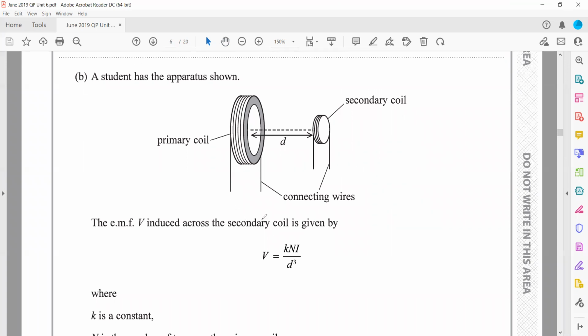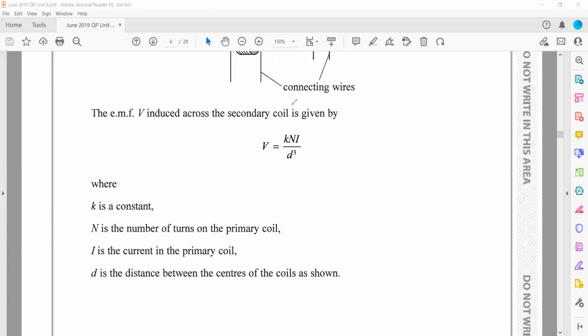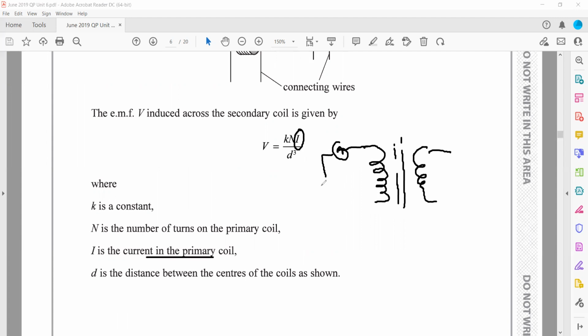And to draw a circuit diagram, what is the circuit symbol for a transformer? The circuit symbol of a transformer is like coils. And if it is a step down transformer, where the secondary has more turns, then there will be an ammeter, because we want to measure current in the primary, and there should be an AC supply, alternating current supply.